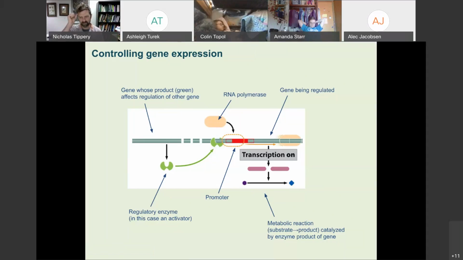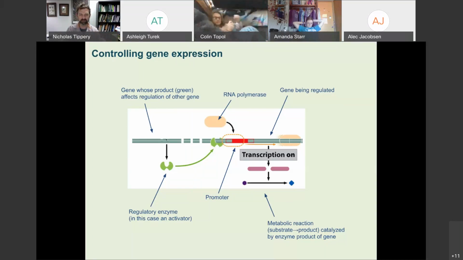So one more thing is being added by this diagram here. We don't talk about it too much, but there's some times when we will talk about it. This transcription factor, in this case the activator, is itself an enzyme, right? So there is actually a gene for making the enzyme that does the transcription activating. So that's what's being shown here.